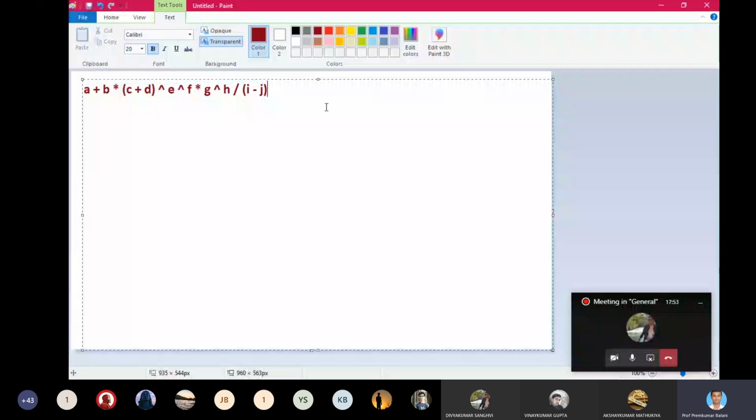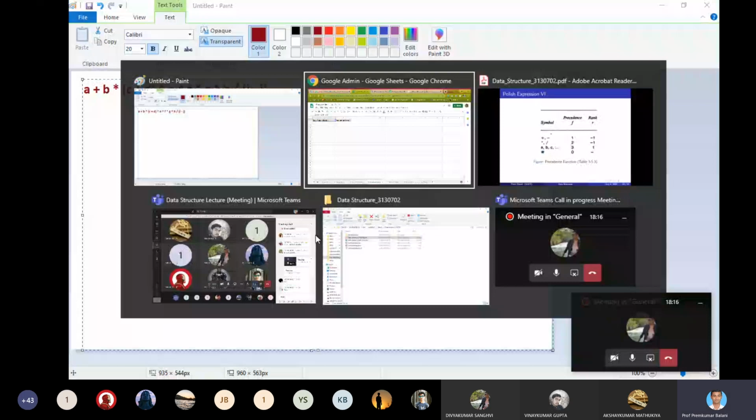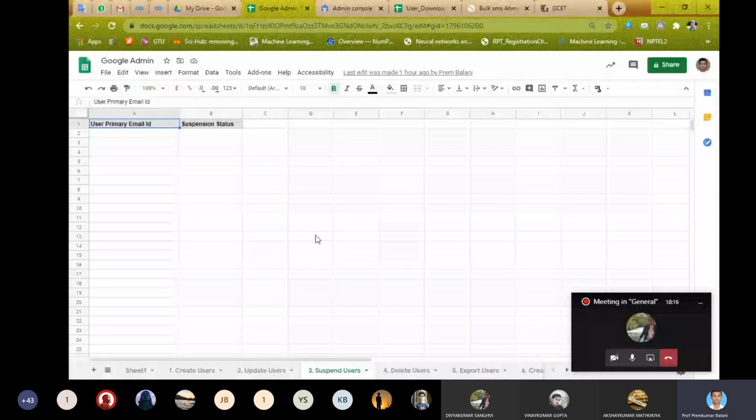Right? So let's convert this. Okay, I think this much is enough. So let's convert this to the postfix expression. To convert this postfix expression, you have to see here in my PPT, see the precedence.